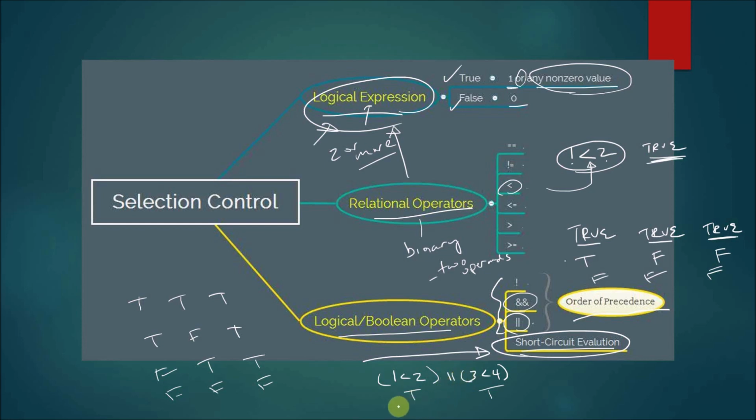In this case, it stops right here because we're dealing with an OR logical operator in which we know we only need one true for it to be true, regardless of what the second value is. It stops right here and you get a true. The computer doesn't need to spend time evaluating 3 is less than 4. That is short circuit evaluation.